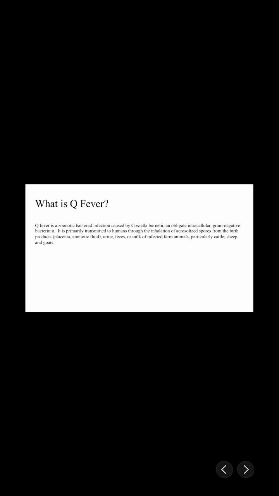Here I explained what Q fever is, so I'll move on to the second slide: history. In 1935, it was first described by Edward Derrick in Queensland, Australia, named Q for query.